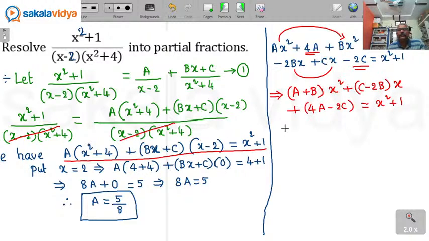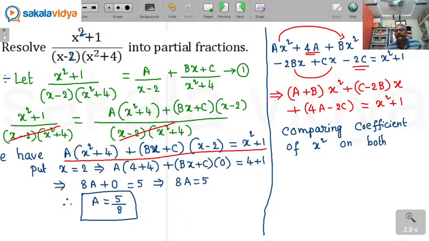Now comparing the coefficient of x square on both sides, we get A plus B equals the coefficient of x square, which is 1. So that is A plus B equals 1.